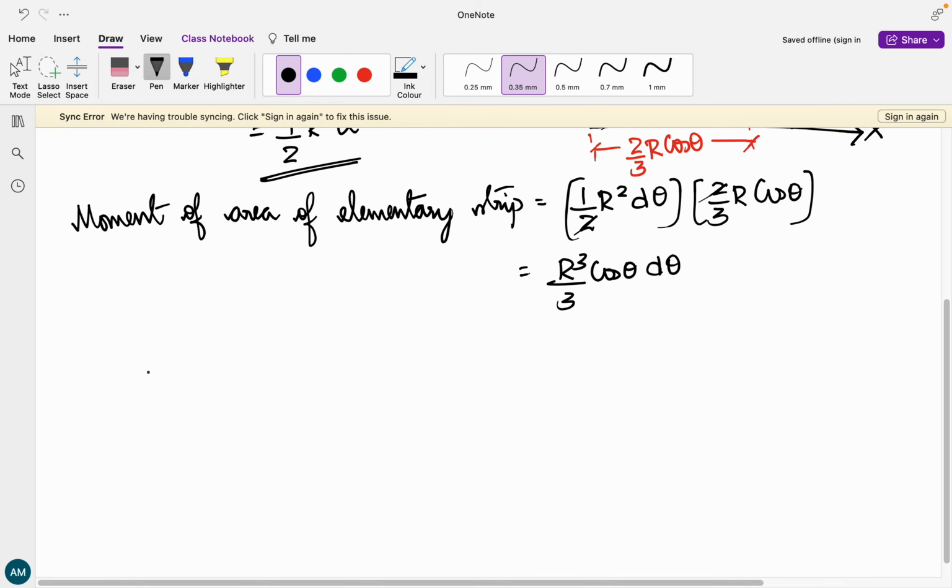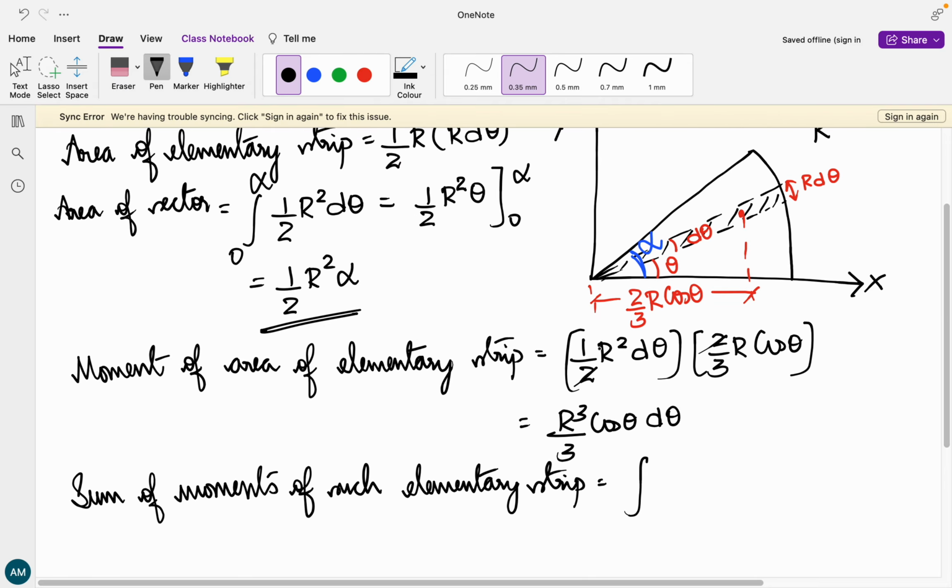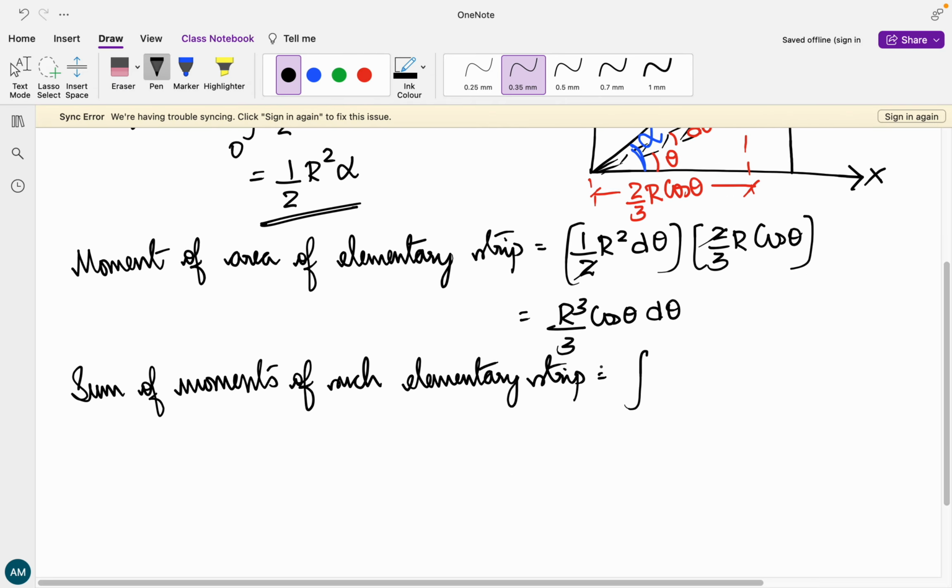The next step is the sum of moments of such elementary strips. So what is the integral? 0 to alpha, the same thing.